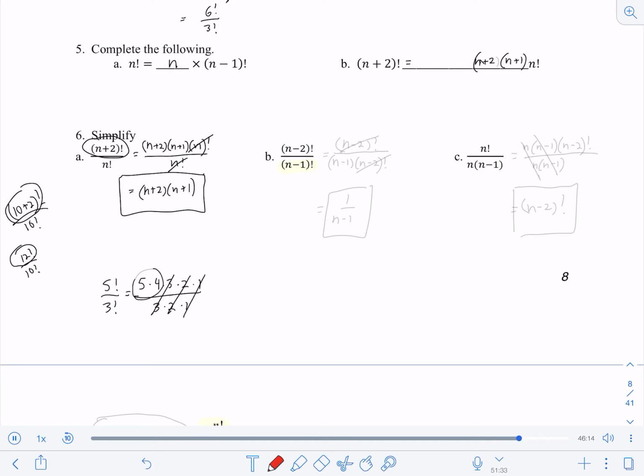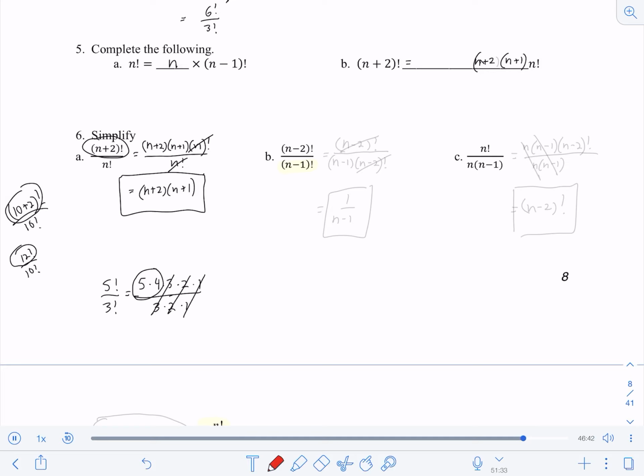And this is what I'm left with. So the factorial just represents that we have a repeated product decreasing down to 1. And so I'm going to say that, yes, the factorials cancel. But it's not really the factorials that are canceling. It's that factorial represents this whole product chain. And so that's what's canceling. Okay, good question.